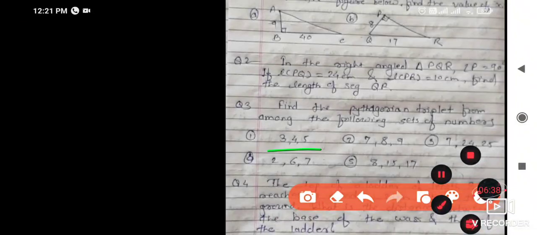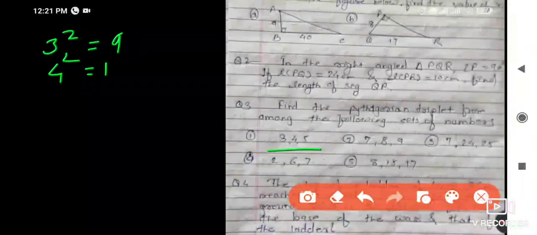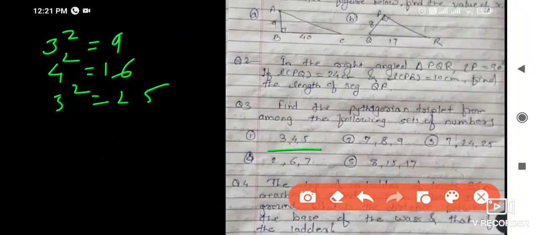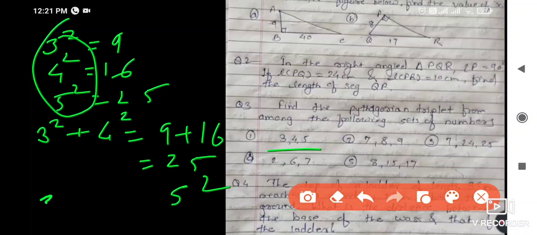Let's solve the first one: 3, 4, 5. 3 square is 9, 4 square is 16, and 5 square is 25. Now 9 plus 16 equals 25, which is the square of 5, and that's why 3, 4, 5 is a Pythagorean triplet. In this way we have to solve these examples.